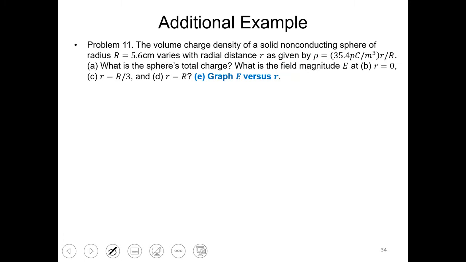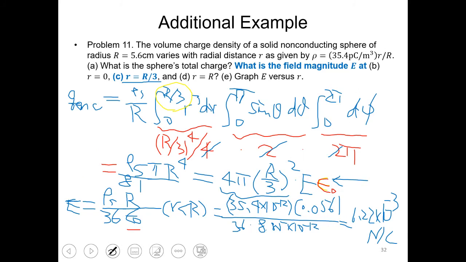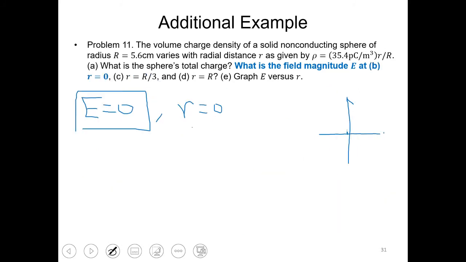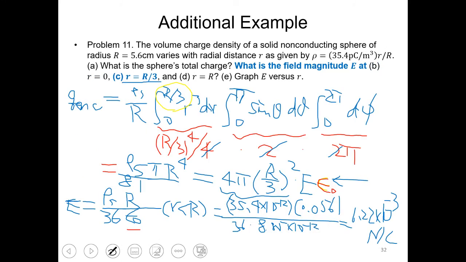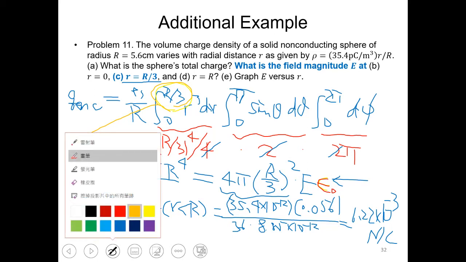It asks you to graph E versus R. If I make this term small r here, it gives another expression.